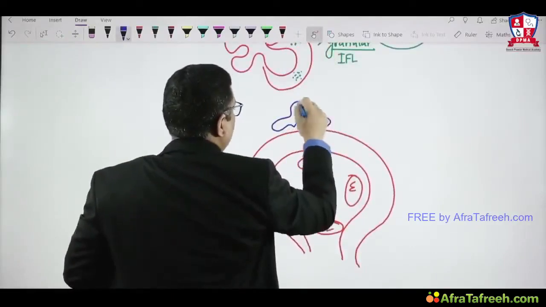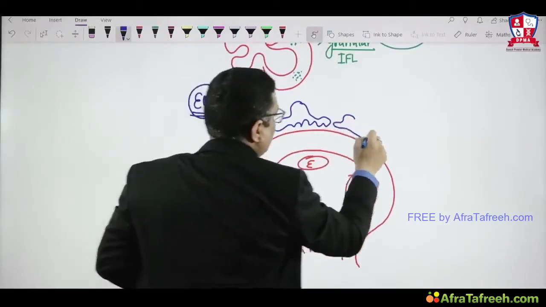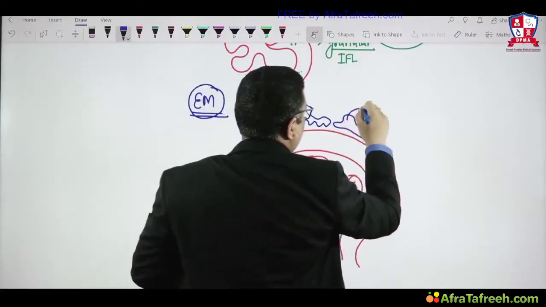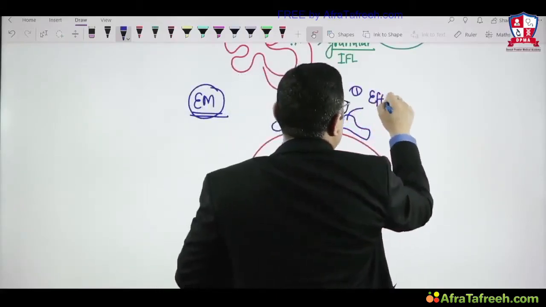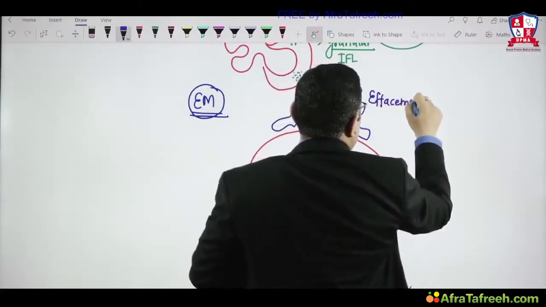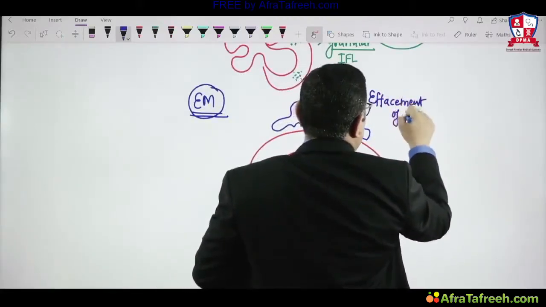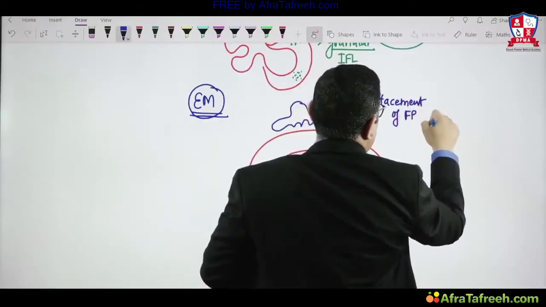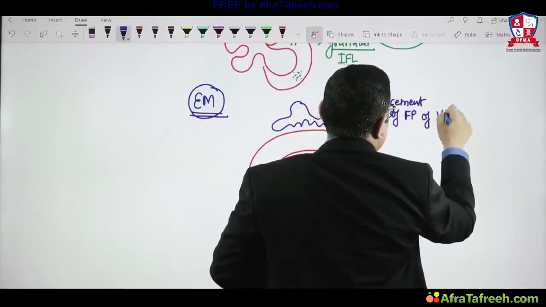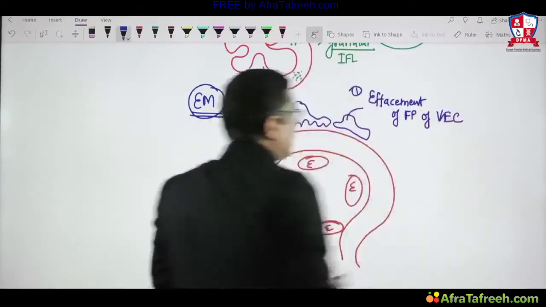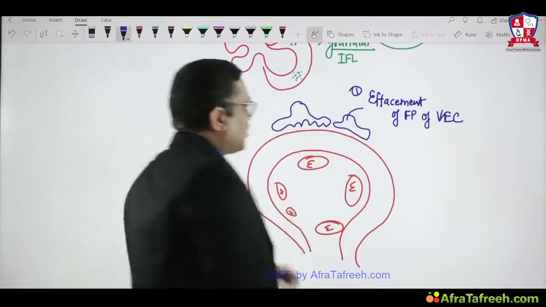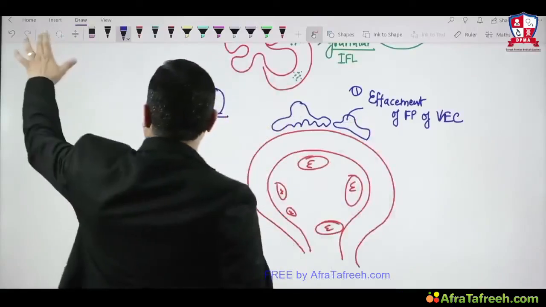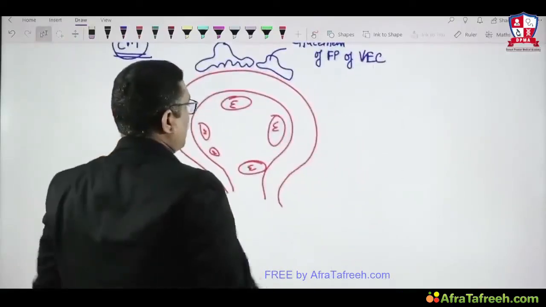Because of the cytokine release, there will be effacement of the foot process of the visceral epithelial cell. So number one thing which you will notice here, effacement of foot process of visceral epithelial cells, right? It will be seen on electron microscopic examination.